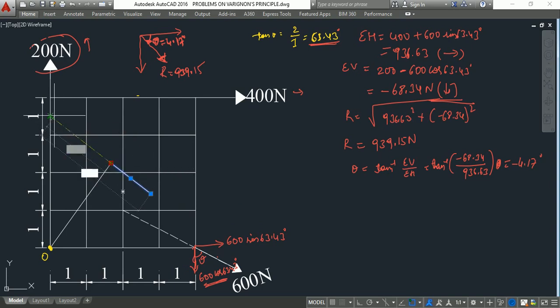So let us assume somewhere this resultant will cut my y-axis. This is the y-axis and this itself is x-axis. It cuts the y-axis somewhere here. I don't know, it may cut here or somewhere else. So this is the resultant.